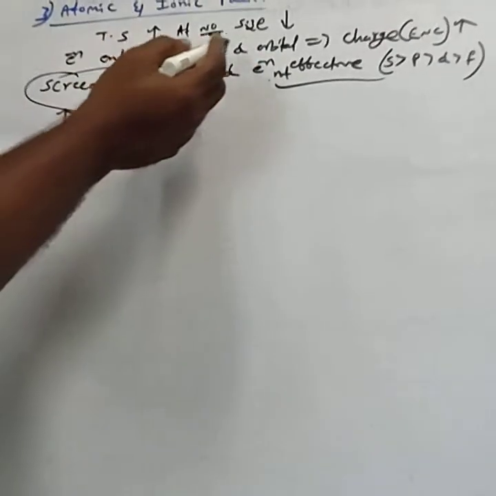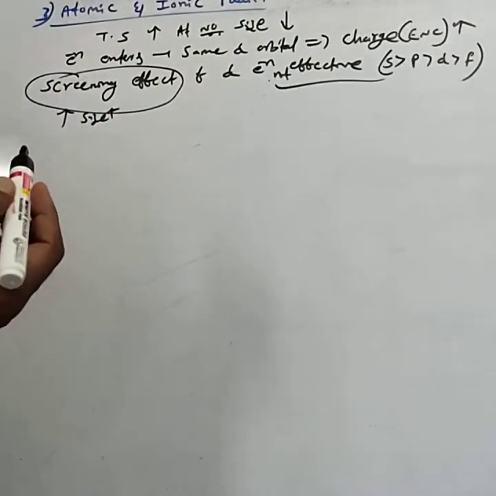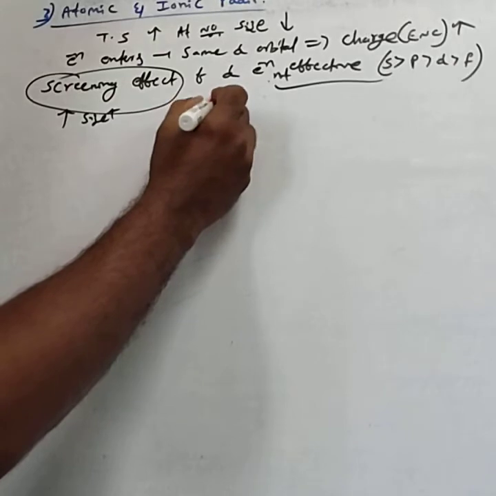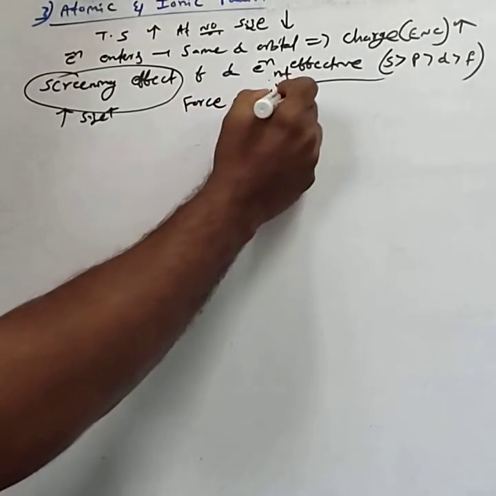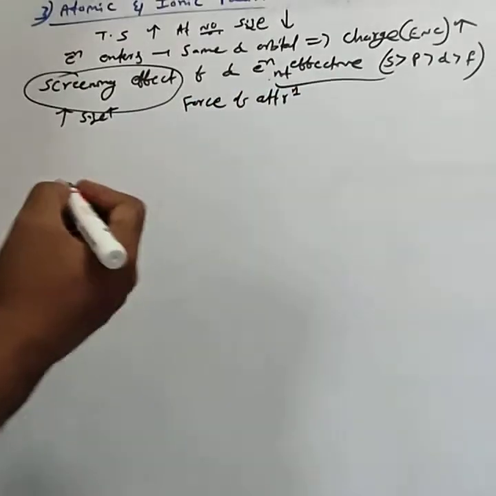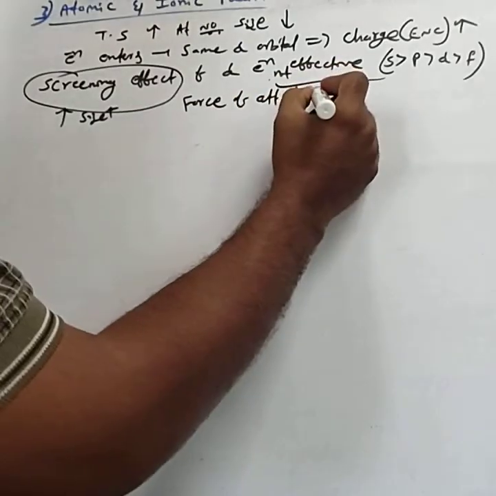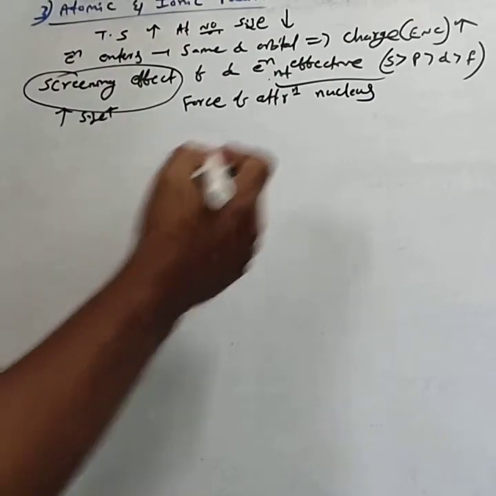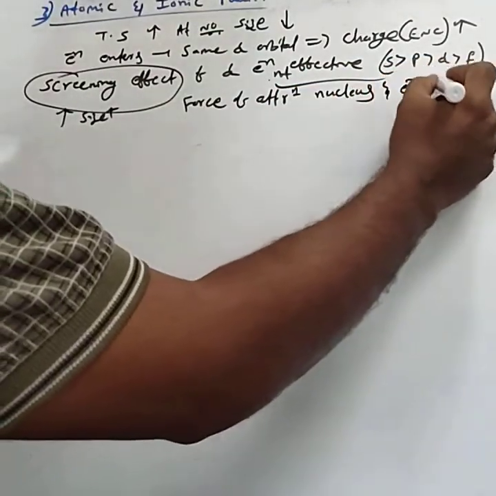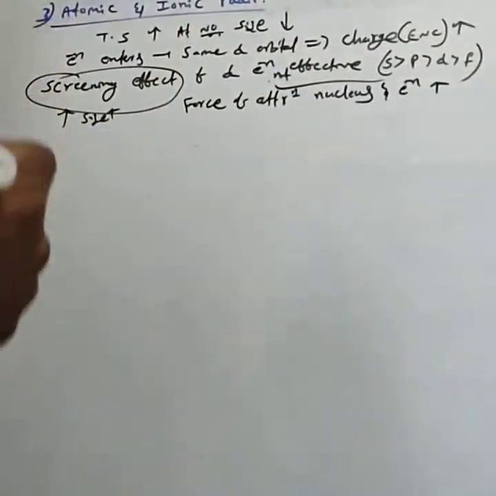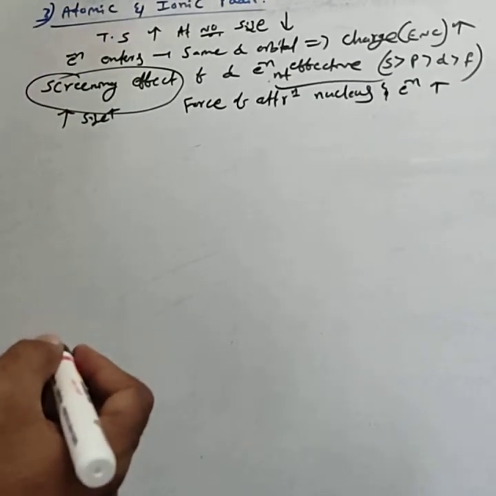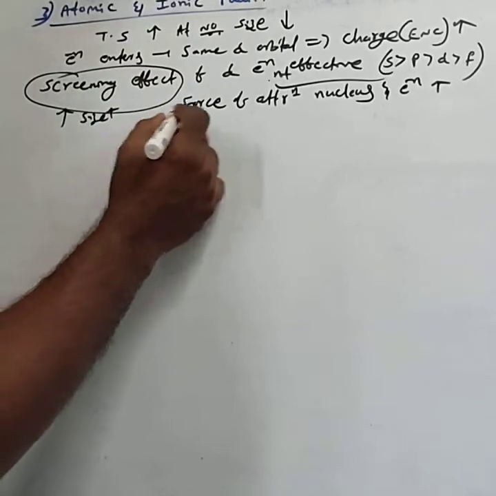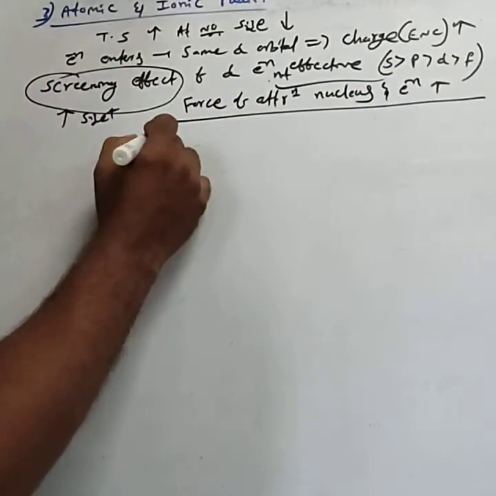The electron enters the same d orbital, effective nuclear charge increases, hence the force of attraction between the nucleus and the outermost electron increases, hence atomic size decreases.